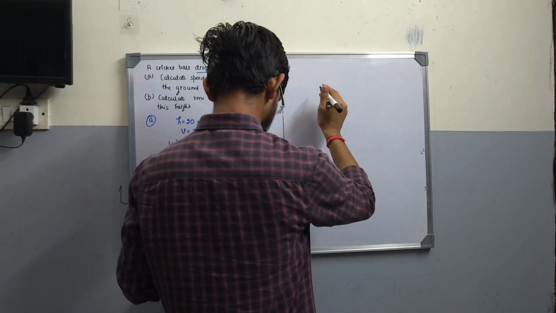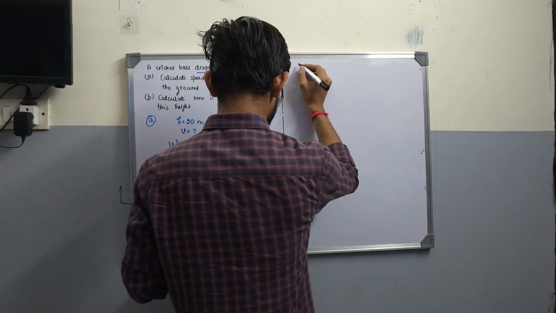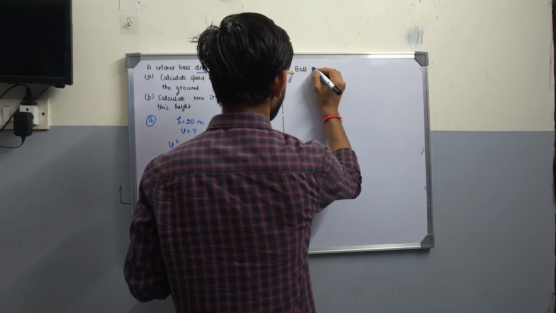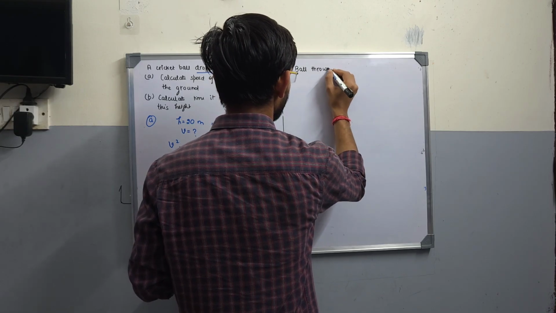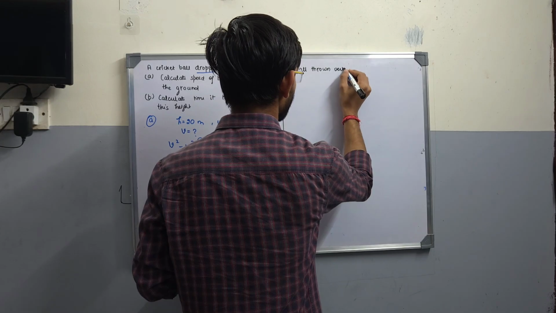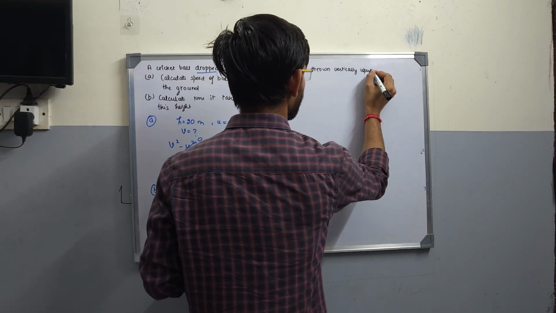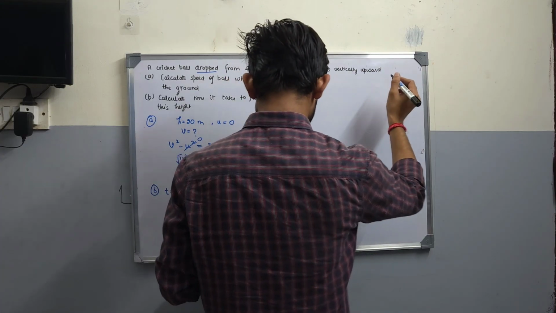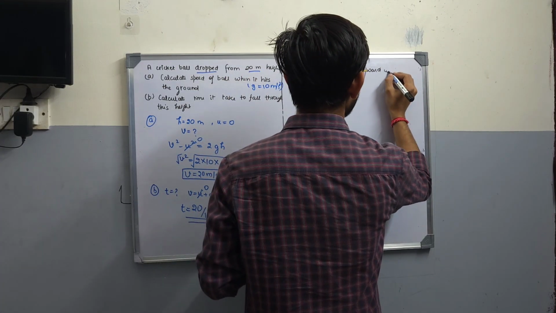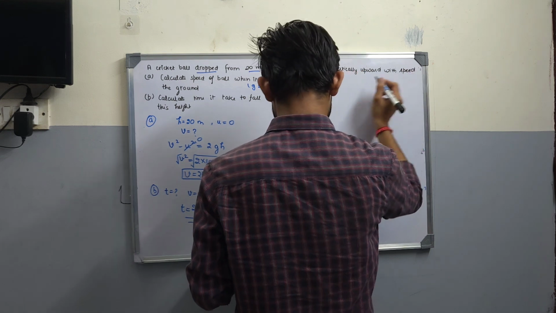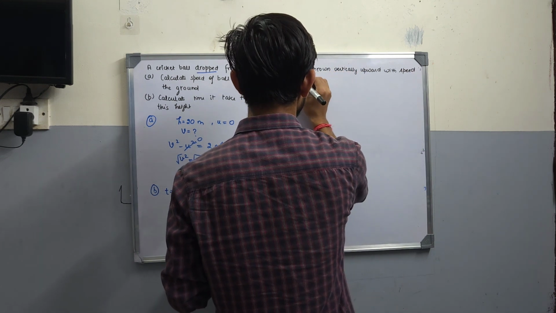A ball is thrown vertically upward with speed 49 meter per second.